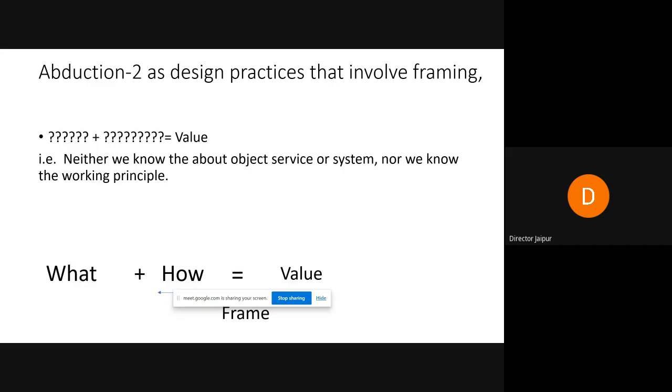So abduction 2 is actually useful for us in design thinking. For more than 50 years this was not happening, and that's why this new practice is now developing and evolving. So we should try to apply it.